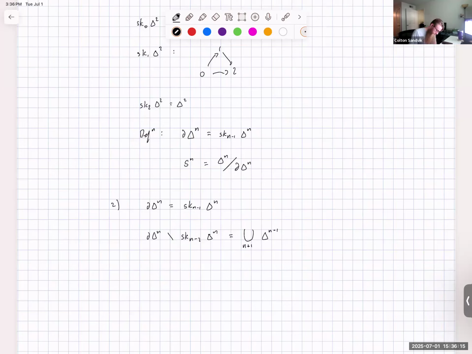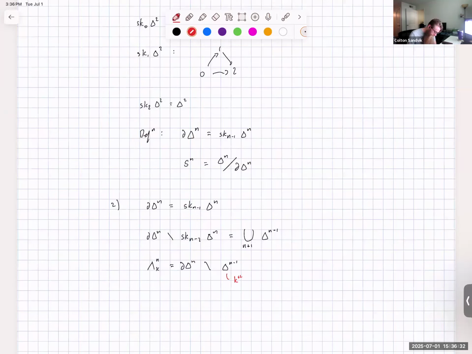And so we could then define the kth horn of the n simplex to be this boundary where we remove the kth copy in this union.